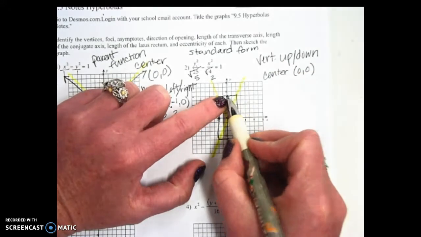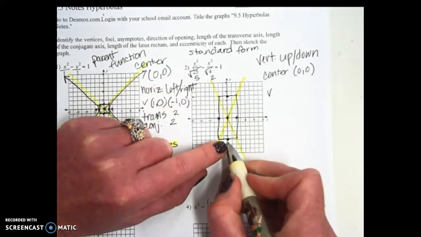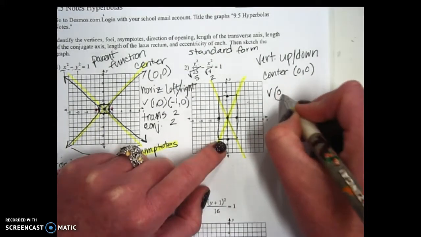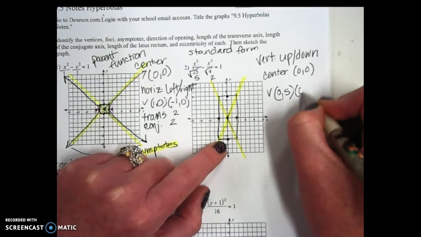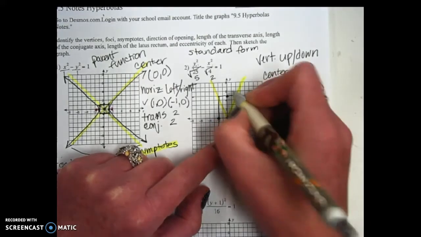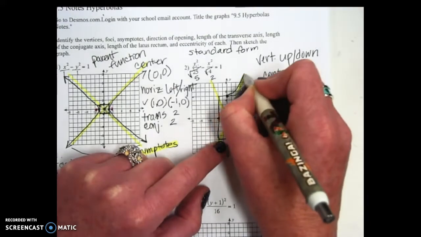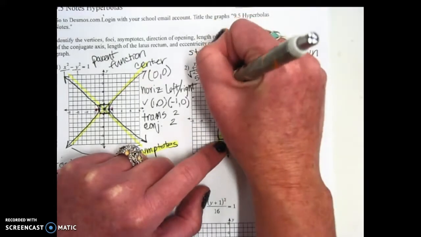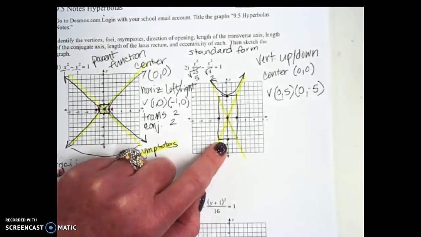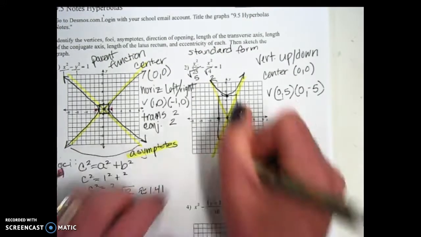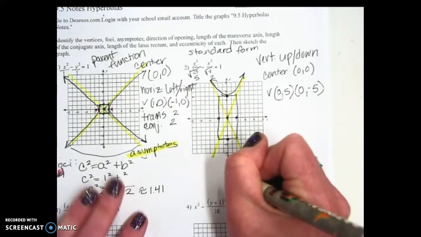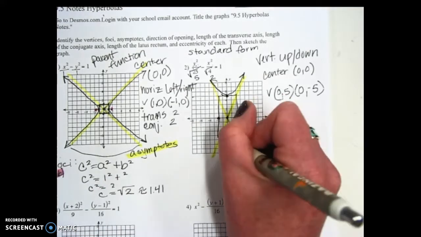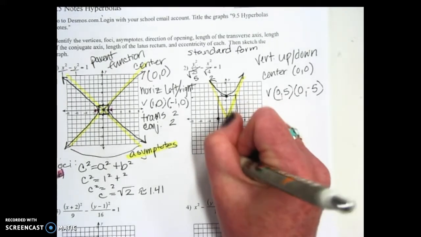So this point is going to be your vertex, and this point is going to be your vertex. So this time, it's at 0, positive 5, and 0, negative 5. And you're going to draw in, getting super close to the asymptotes, making what looks like parabolas, but they're called hyperbolas. They kind of sound the same, parabolas and hyperbolas.